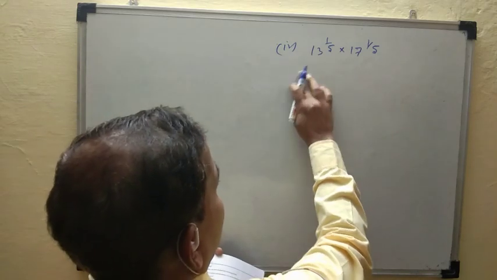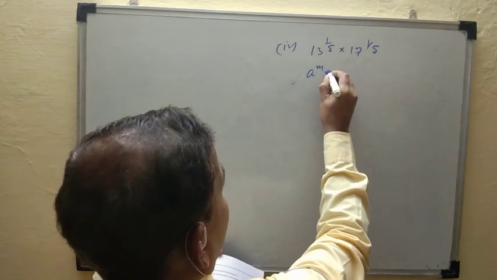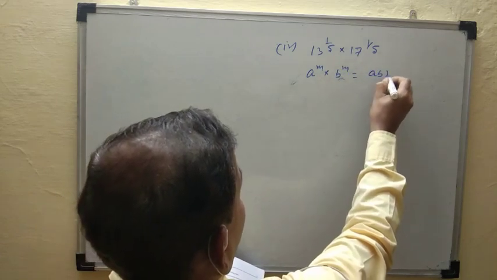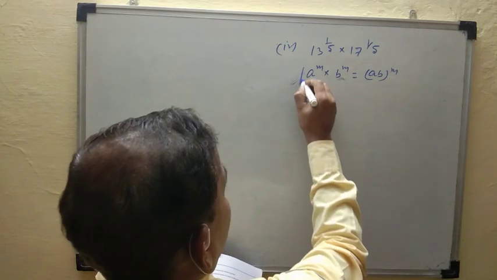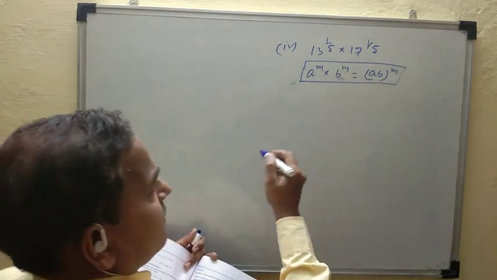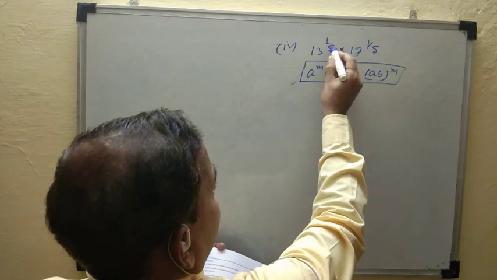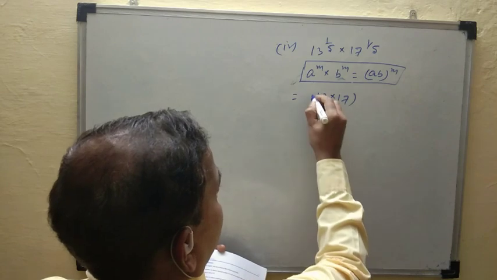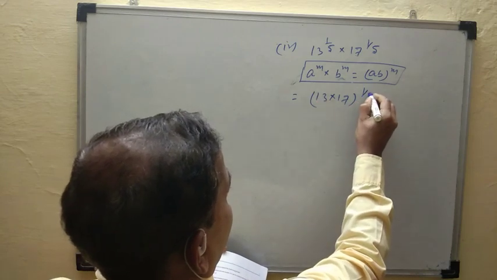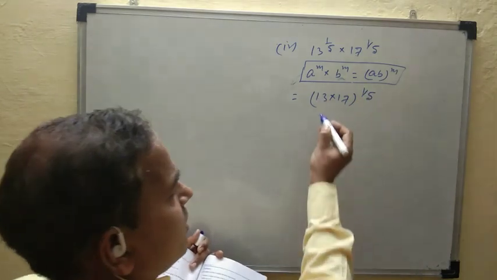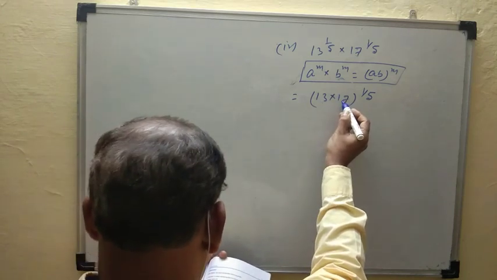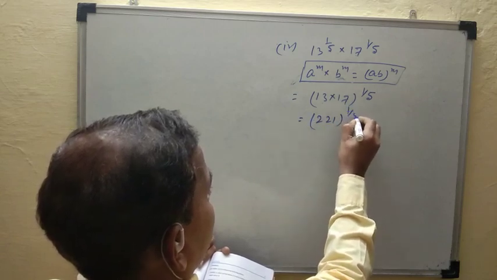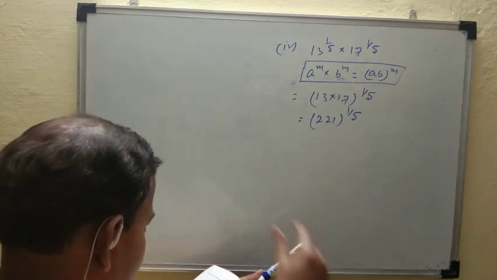So this can be rewritten using this property: a to the power m into b to the power m can be written as a into b whole to the power m. Here the bases are different, the power is the same. So this can be written as 13 into 17 whole to the power 1 by 5. Now multiply 13 into 17. Its product is 221, whole to the power 1 by 5. So this is the required answer.